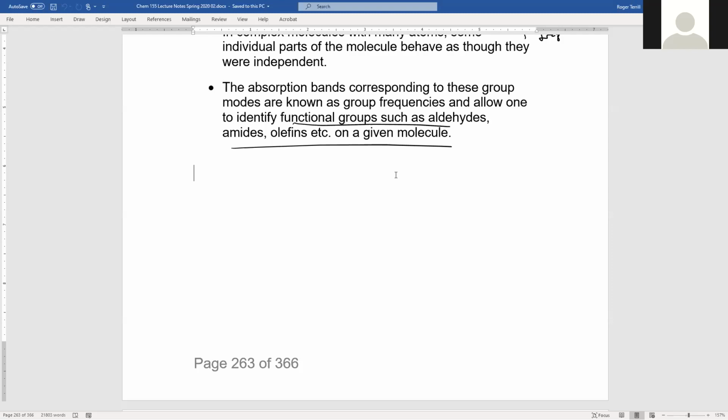The intensity of an infrared absorption band is proportional to the magnitude of the changing dipole moment. It's kind of beautifully simple like that.